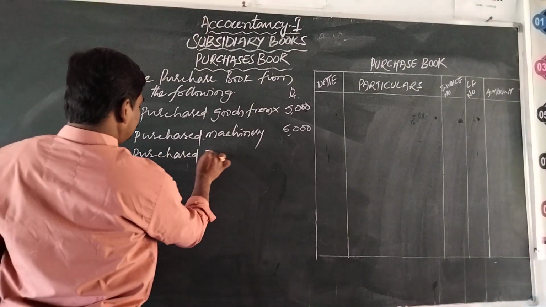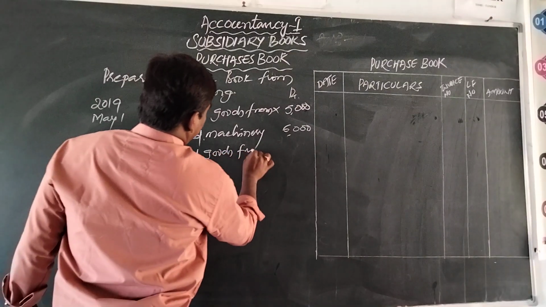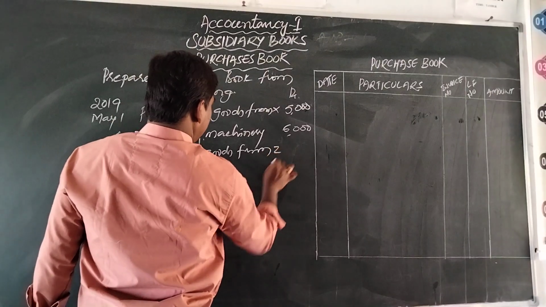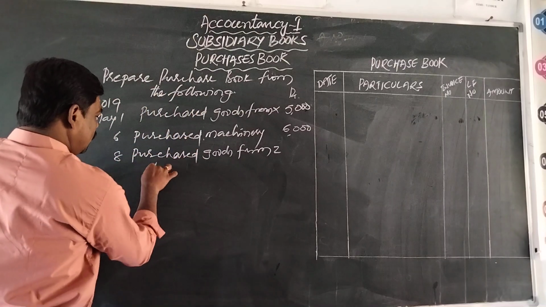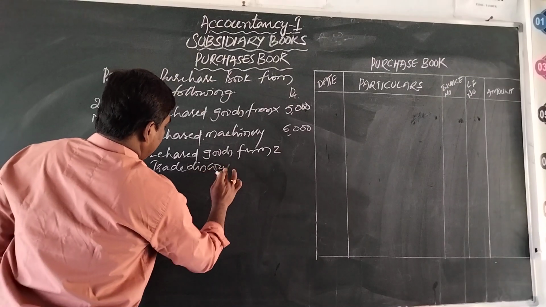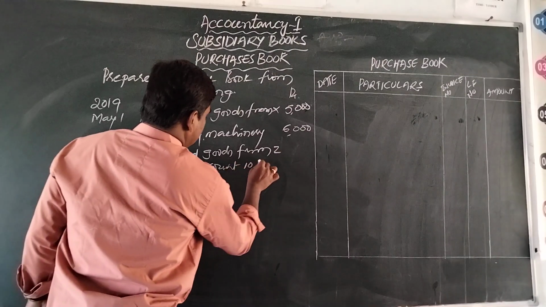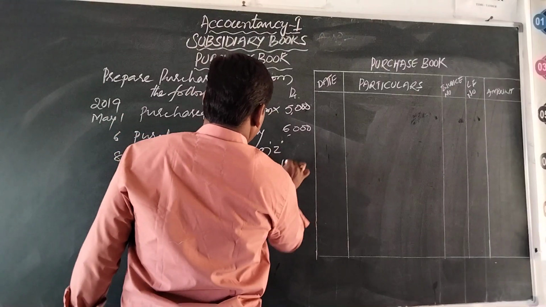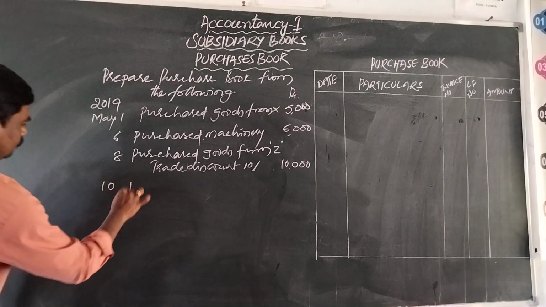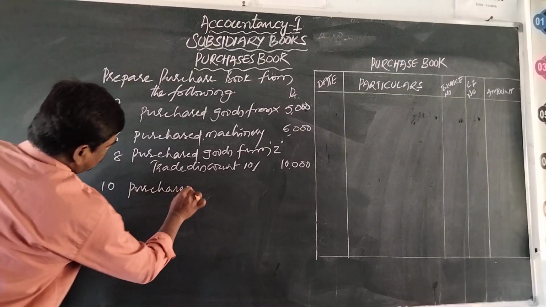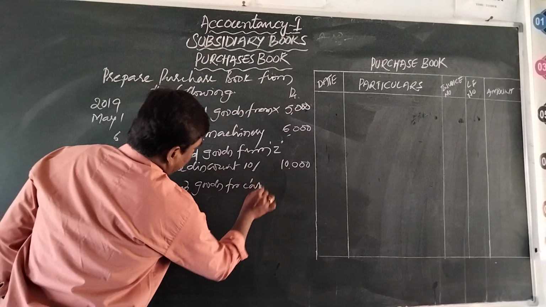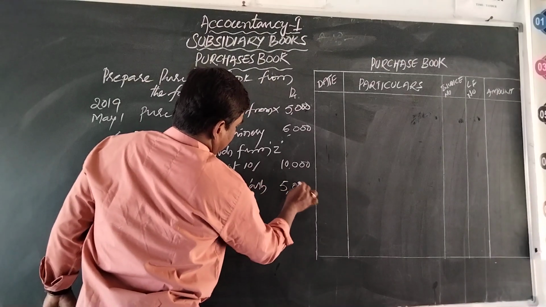On 8th: purchased goods from Z, and trade discount 10%, the amount is 10,000. On 10th: purchased goods for cash, rupees 5,000.